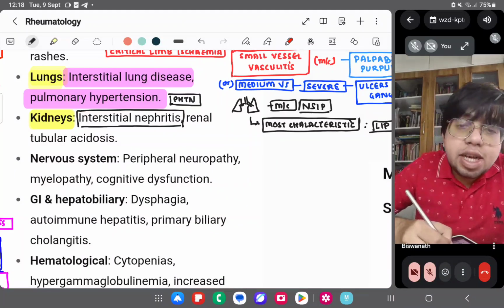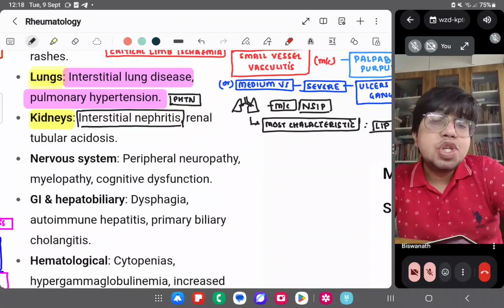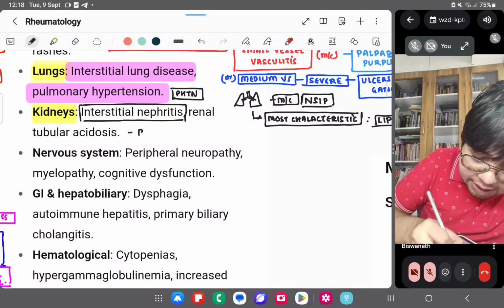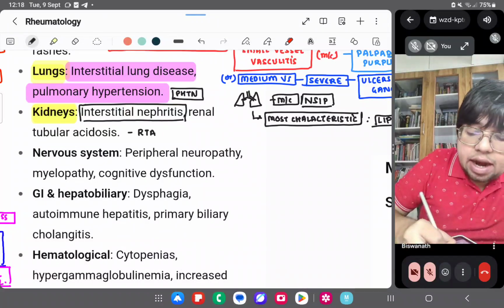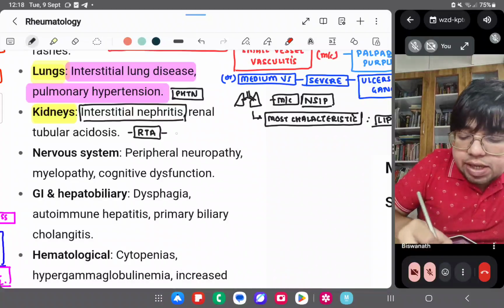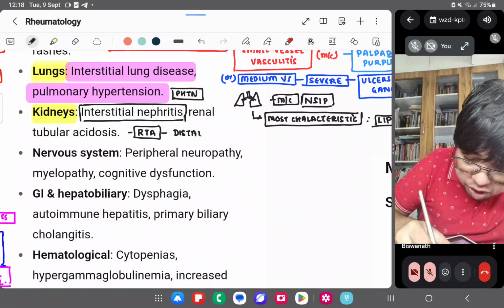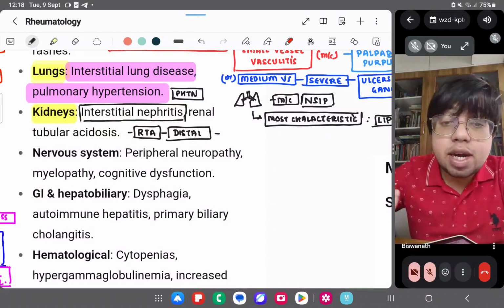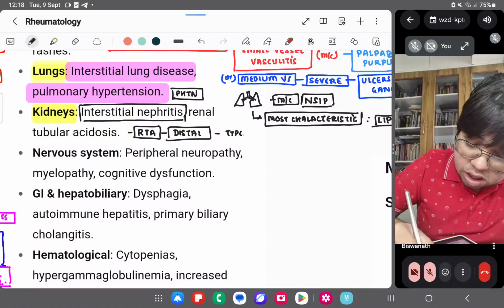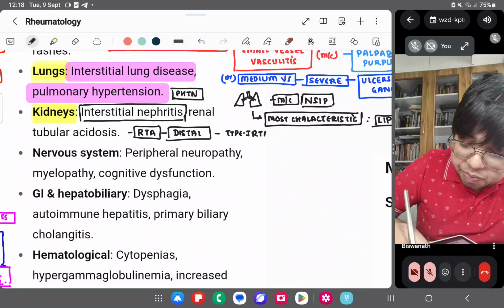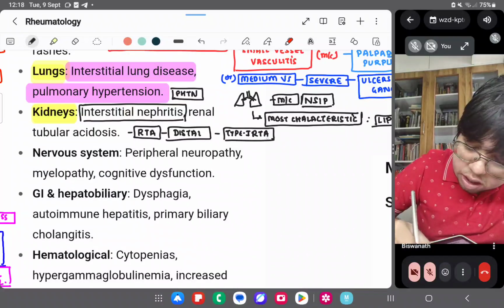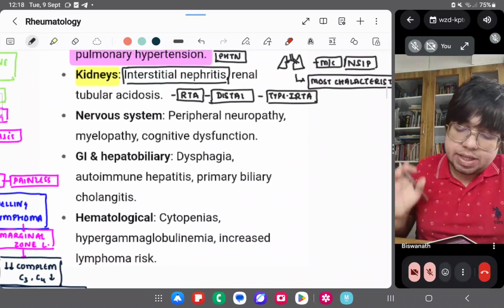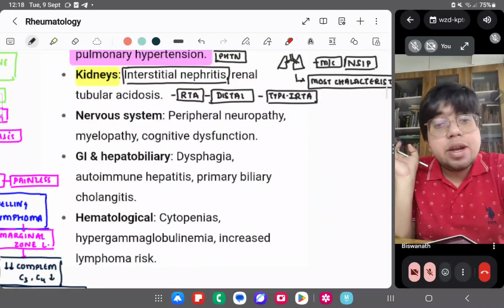The most common association which we commonly see is renal tubular acidosis, that is RTA. Which type of renal tubular acidosis? Distal RTA. It is most commonly associated with distal RTA, type 1 RTA.